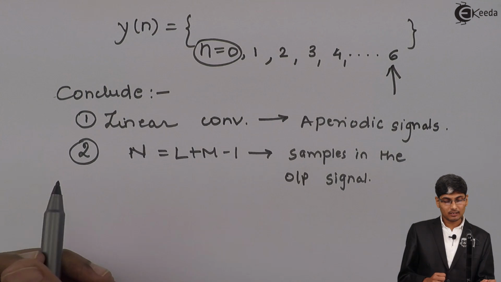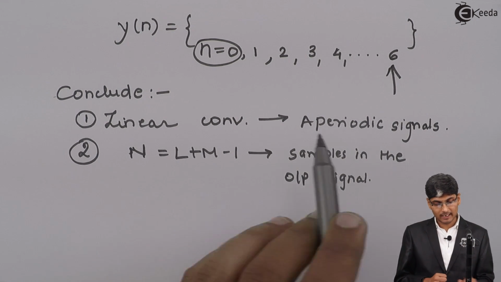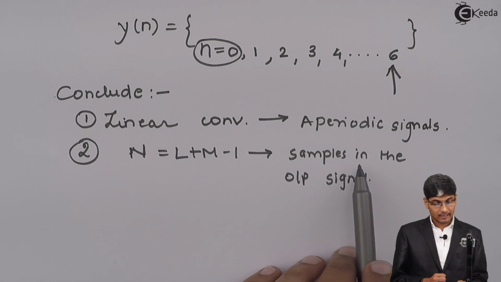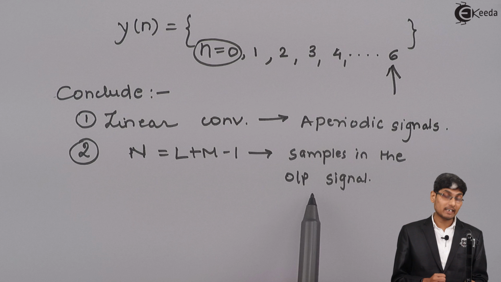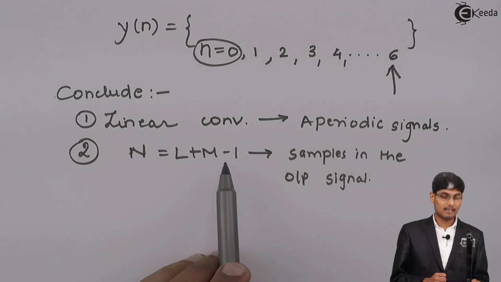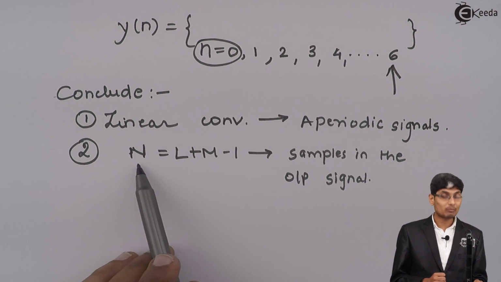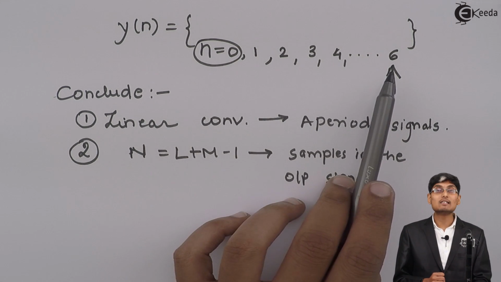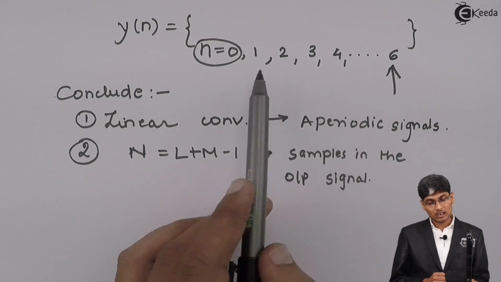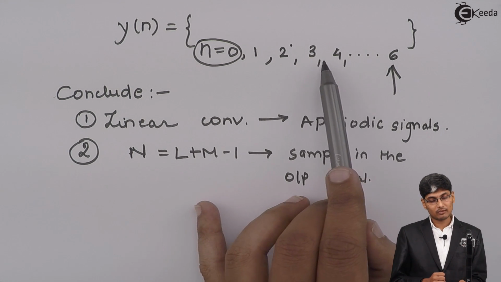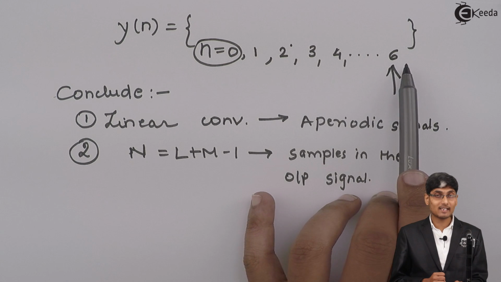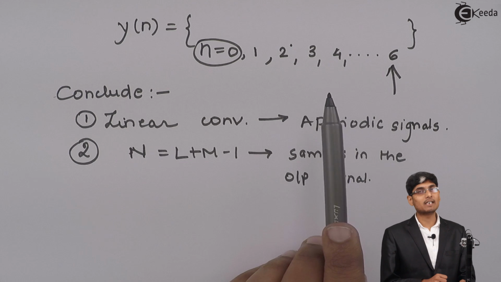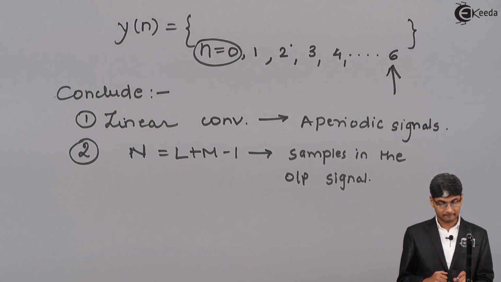So there are basically two conclusions that we have drawn, that if we have our aperiodic signals, then we will go with linear convolution, and the total number of samples that I will get in the output are L plus M minus 1, which we denote by capital N. So in the previous example it was 0 to 6. We found till 2. Similarly, you can find for 3, 4, 5 and 6 by shifting h of n one bit every time and overlapping and multiplying.